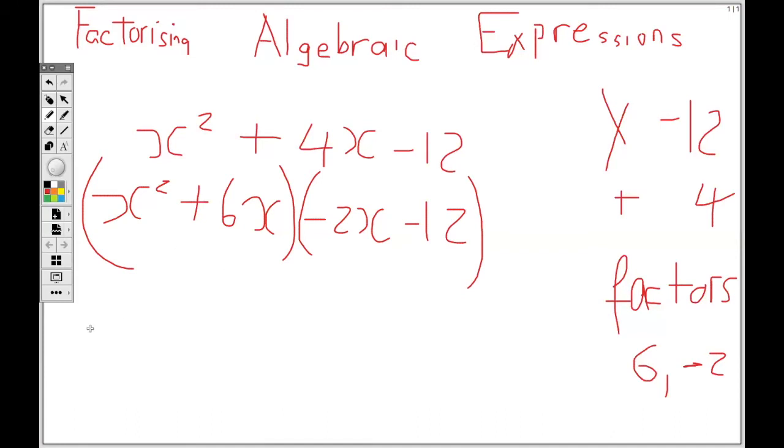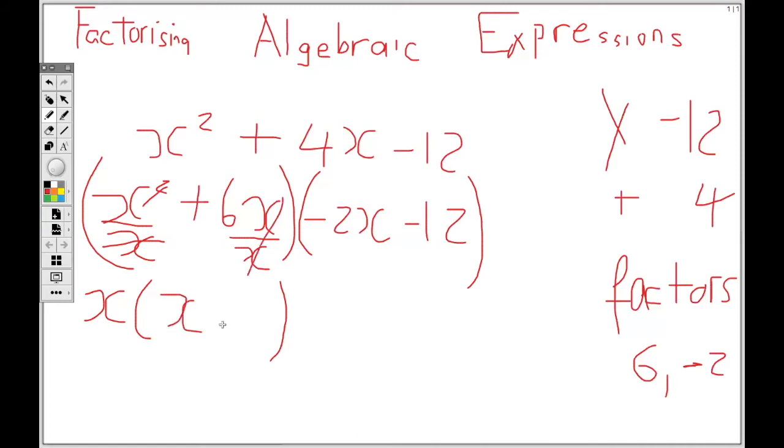What can I factor out? You should be seeing x. And if it is x, then we can go ahead and divide each term, which is the first and the second term, by the variable x. So x into x squared gives me an x.